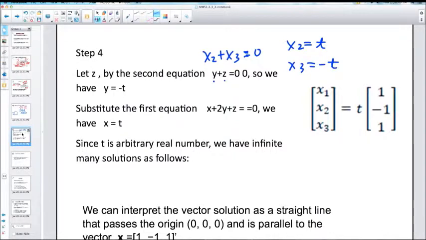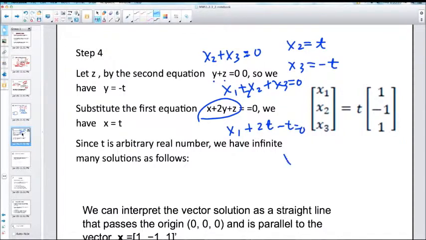Put into the first equation, x1 plus twice x2 plus x3 equals 0. Then x1 plus 2t minus t equals 0, so x1 equals t. So you got t, t, negative t, and t.